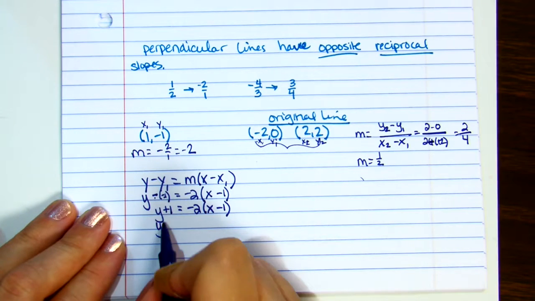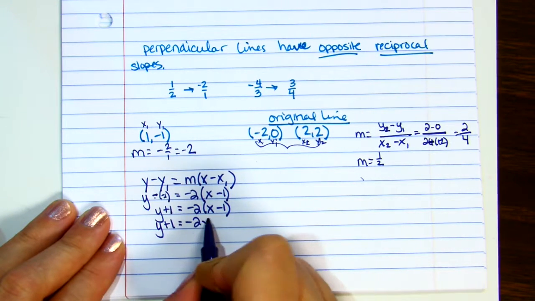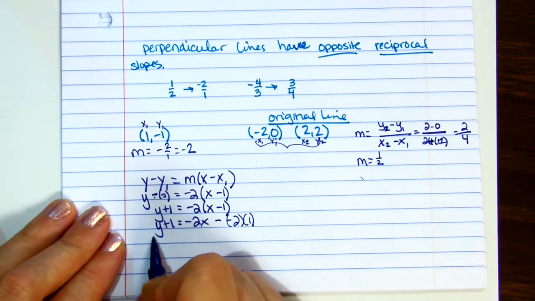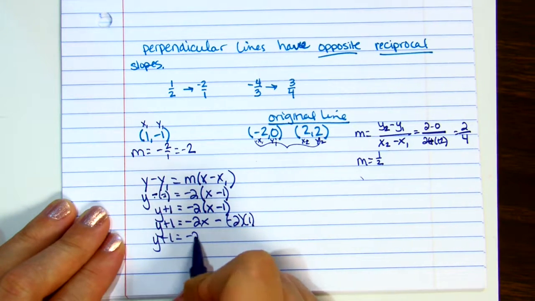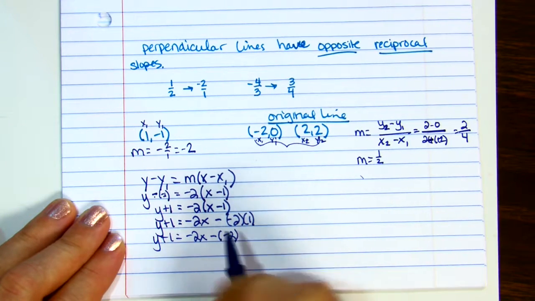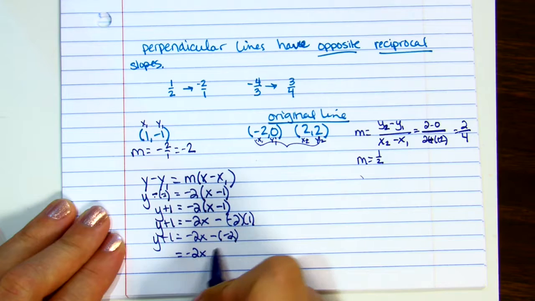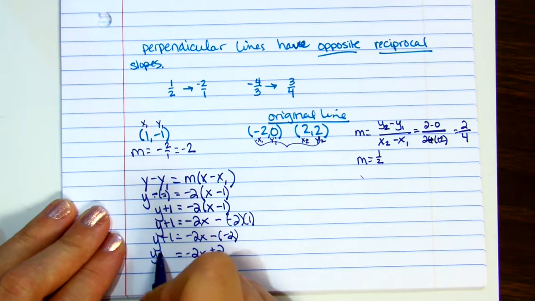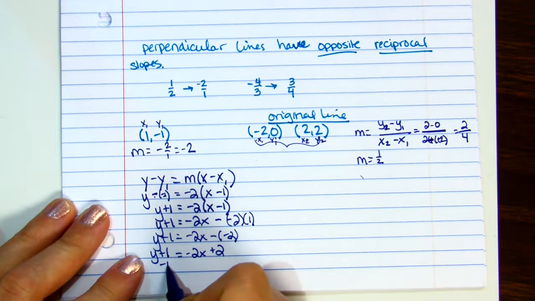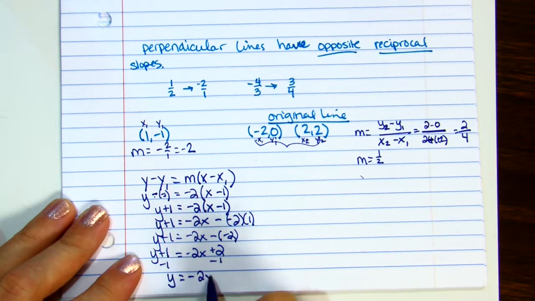Let's distribute. -2x minus -2 times 1, minus -2, so -2x plus 2. So y plus 1 equals -2x plus 2. I need to subtract 1 from each side, and I will get y equals -2x plus 1.